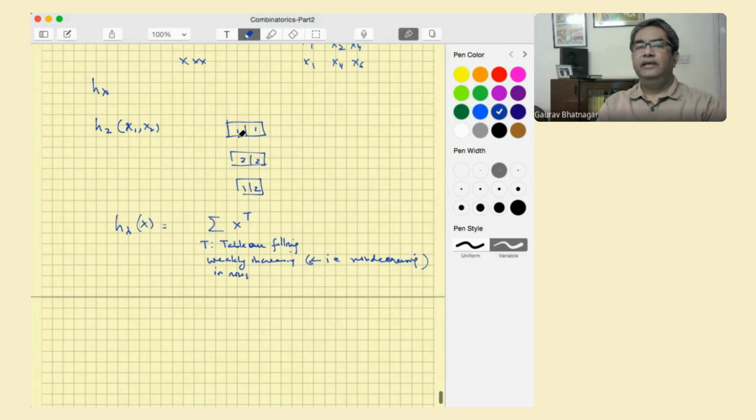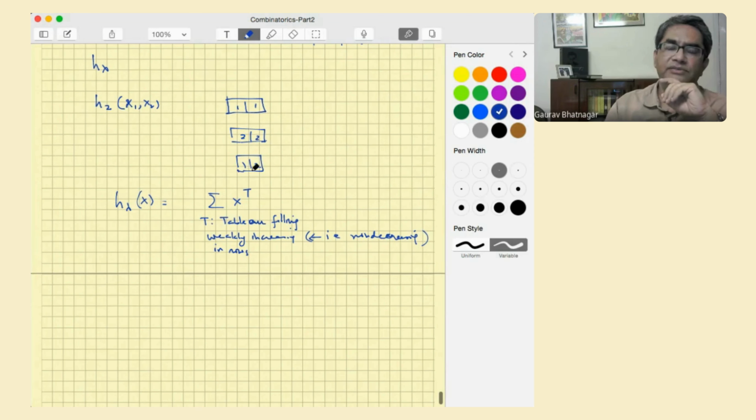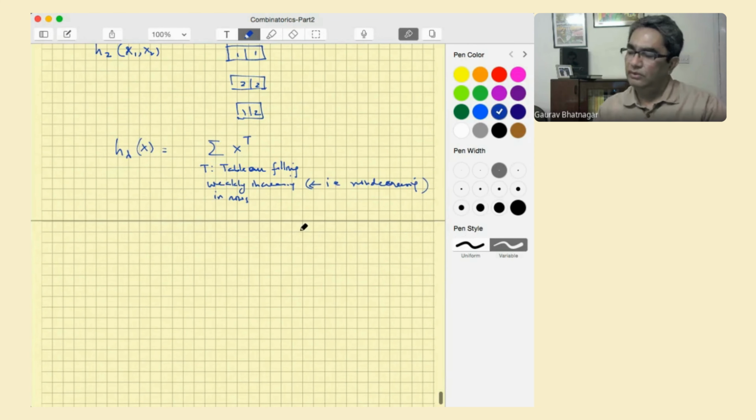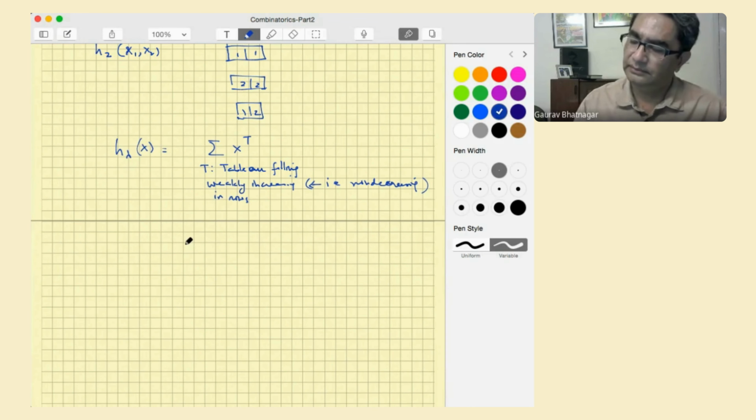So here you allowed whatever you allowed. So basically, what's happening is that you are taking all partitions which are fitting into this lambda, lambda one bigger than or equal to lambda two. So h lambda is of course of shape lambda.